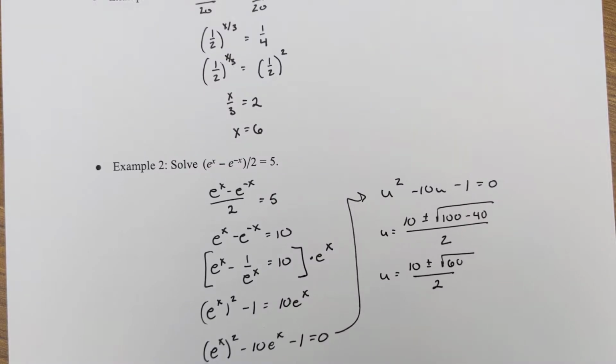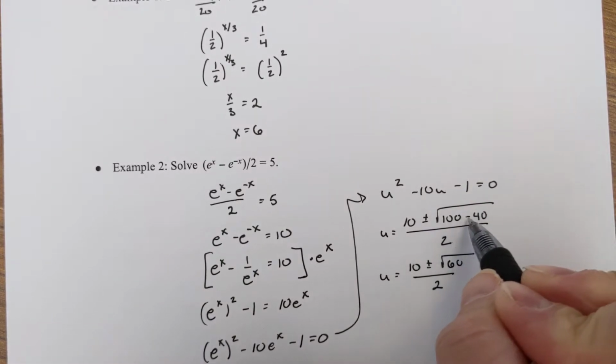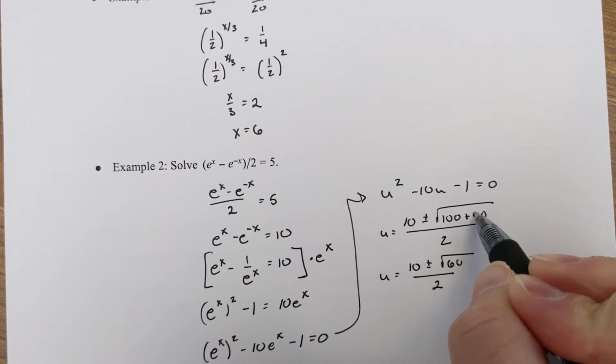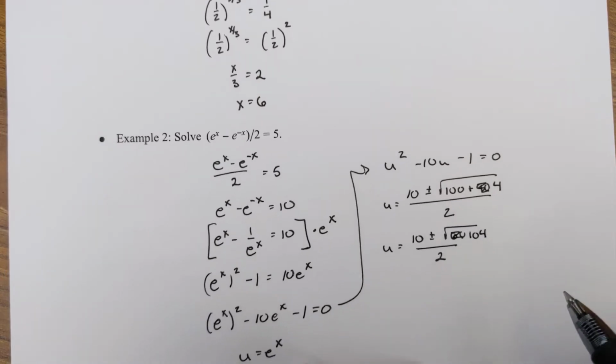Let me check my work. 10 squared minus 4 times 1 times negative 1. Oh yeah, I don't know what I'm doing. That's definitely wrong. I multiply by the b value. This should be plus 4, which means this is 104.